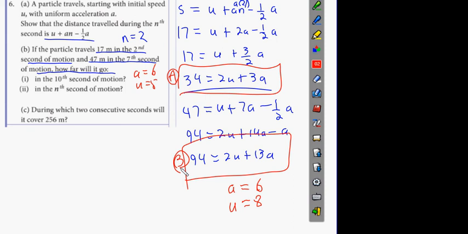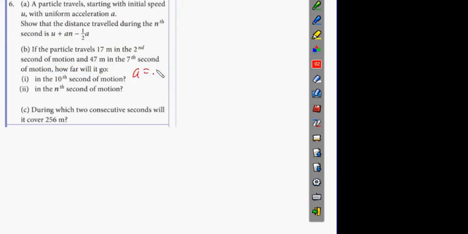Now, how far will it go in its 10th second of motion? Well, what we know now is that a is 6 and u is 8. So our formula now becomes 8 plus 6n minus a half of 6, a half of 6 being 3.